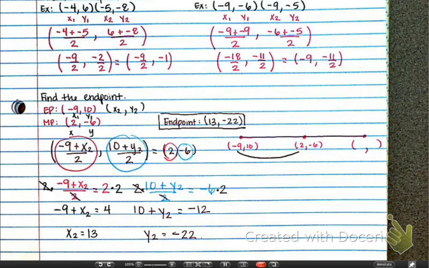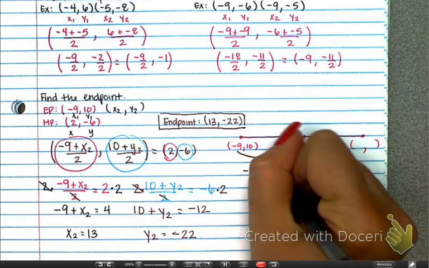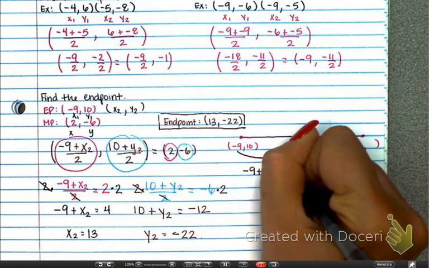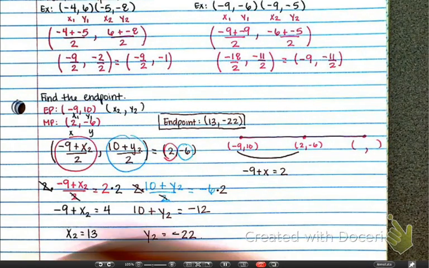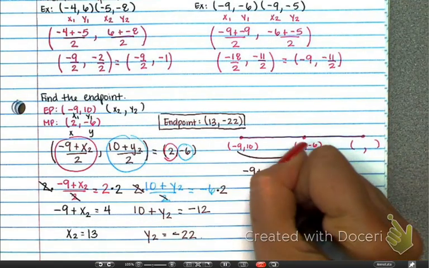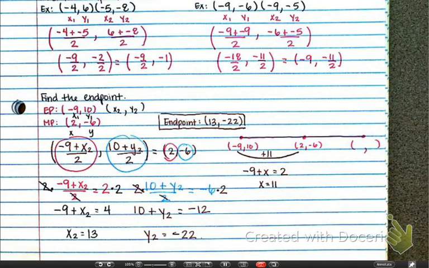How many units is that? If you can't figure it out in your head, I start at negative 9, I add something to it, and I get 2. Can you solve that equation? I would add 9, so x equals 11, which means the x-coordinate is 11 units away.